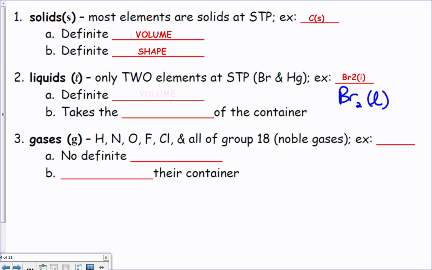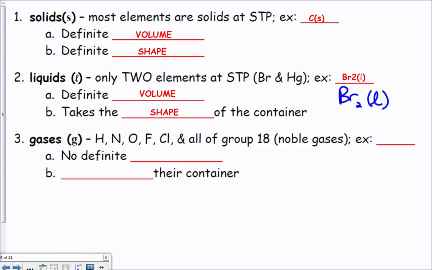Liquids have a definite volume, and what it does is it takes the shape of its container, but it's confined by its volume. So let's think of Mr. Milks' coffee cup. When Mr. Milks is about halfway done with his coffee, it has a definite volume. I could measure it. It doesn't change as long as I stop drinking it.